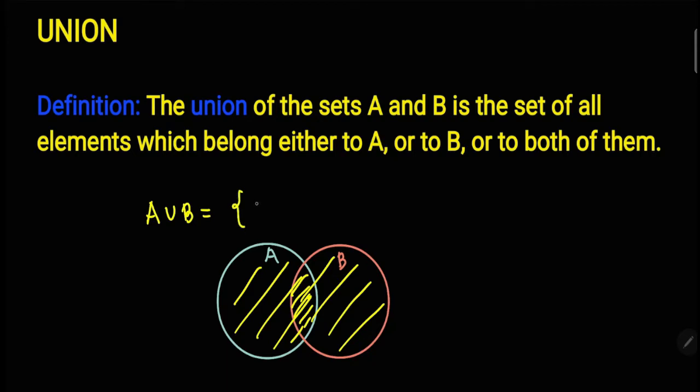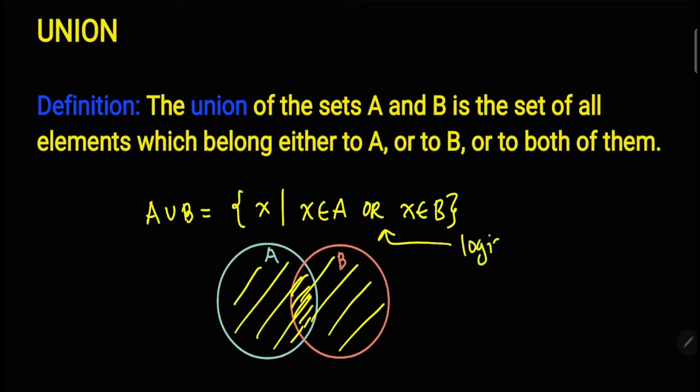All objects X such that either X is in A or X is in B. The "or" here means the logical operator or.